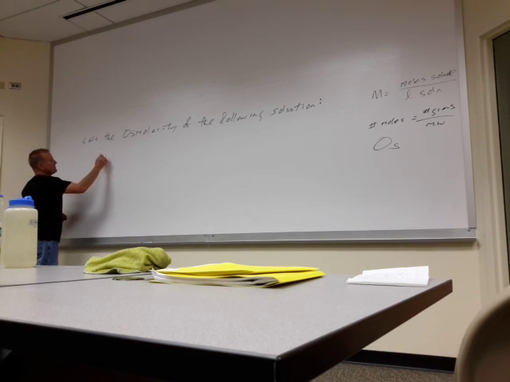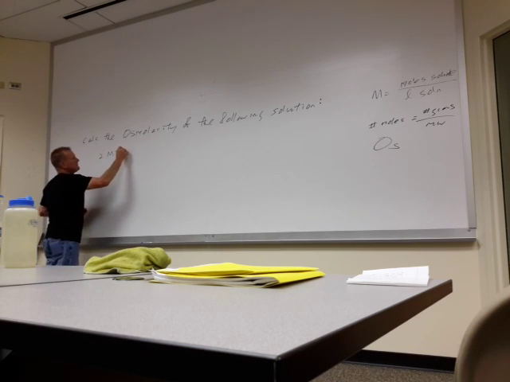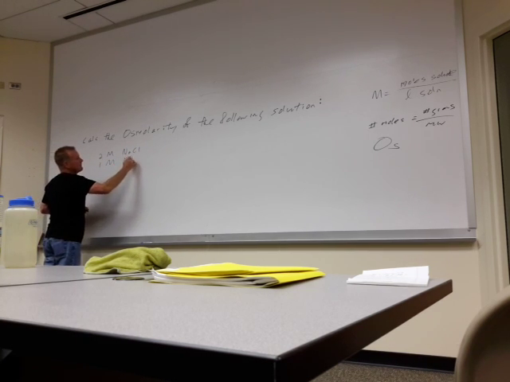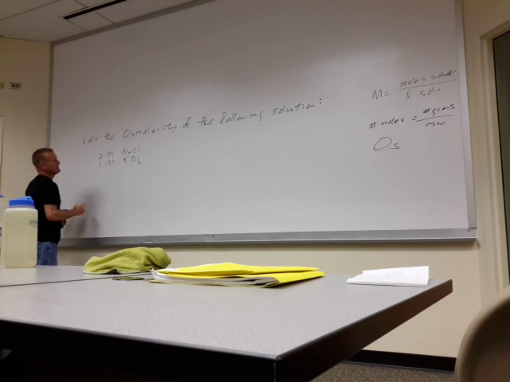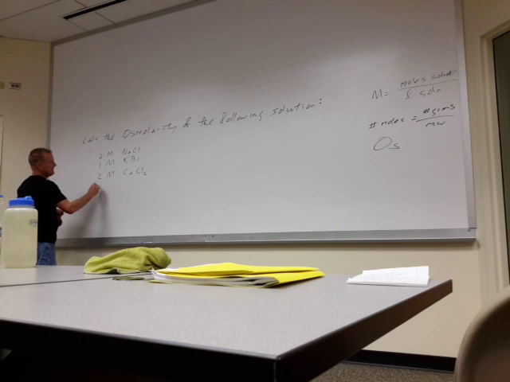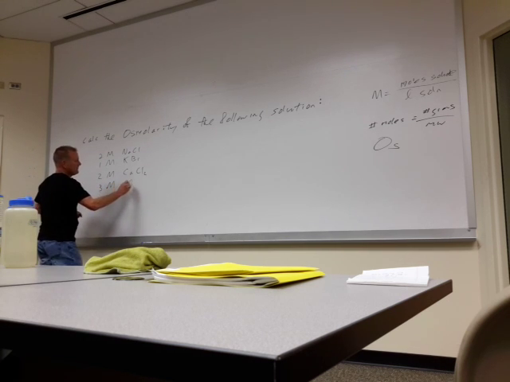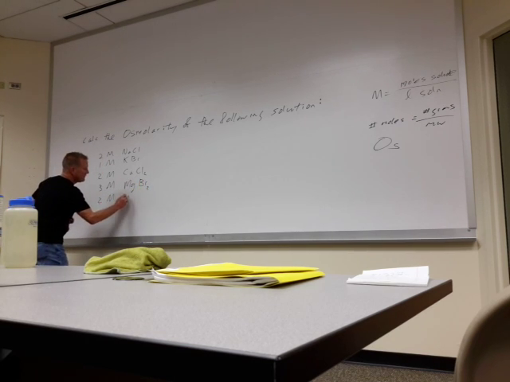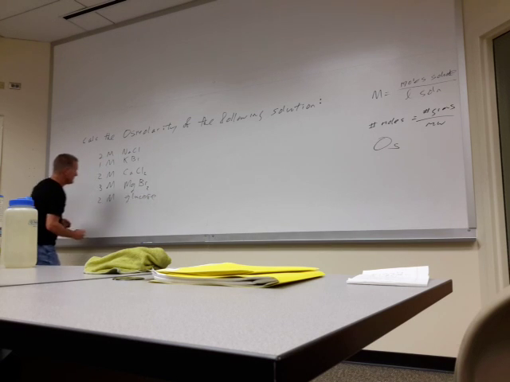So this solution is 2 molar sodium chloride, 1 molar potassium bromide, 2 molar calcium chloride, 3 molar magnesium bromide, 2 molar glucose, 3 molar sucrose.